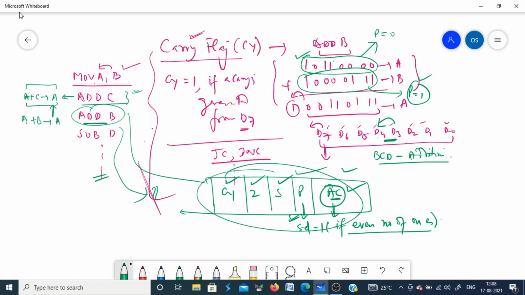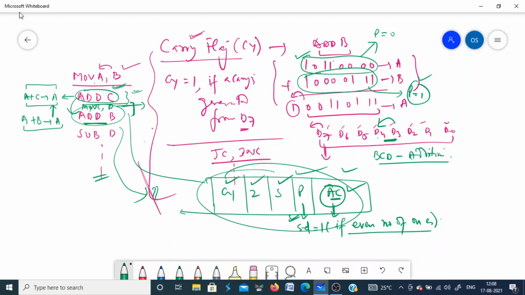Of course, if in between you have some instruction which does not affect the flags, say MOV C, D, the flags keep the status from before it. But if you immediately write ADD B after ADD C, the contents of the accumulator change, and accordingly the status will change.